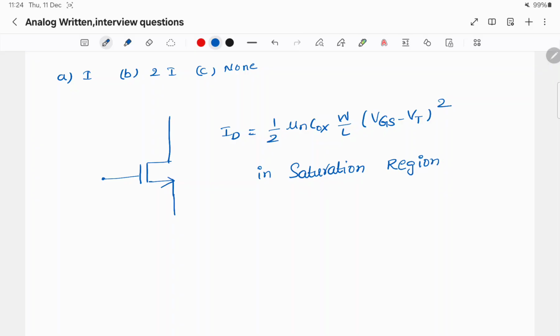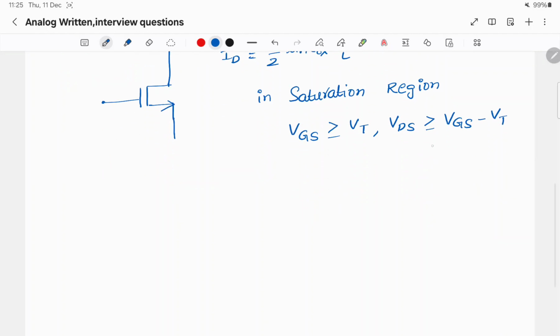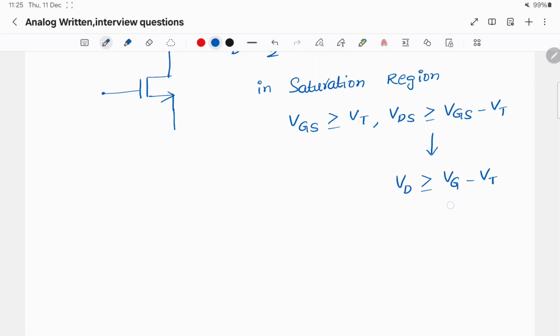And the conditions for saturation are VGS should be greater than or equal to VT and VDS should be greater than or equal to VGS minus VT. If we simplify this expression, this comes out to be VD greater than or equal to VG minus VT.